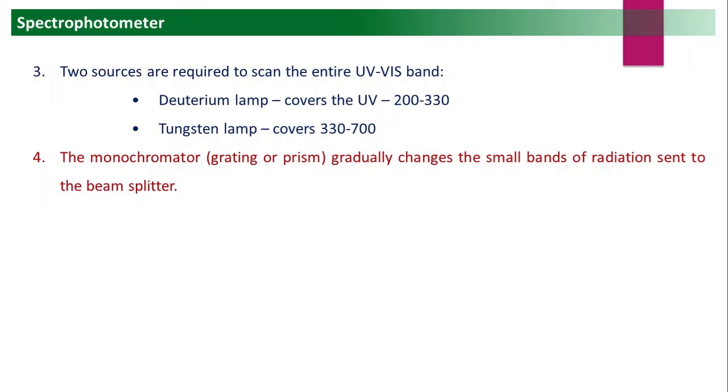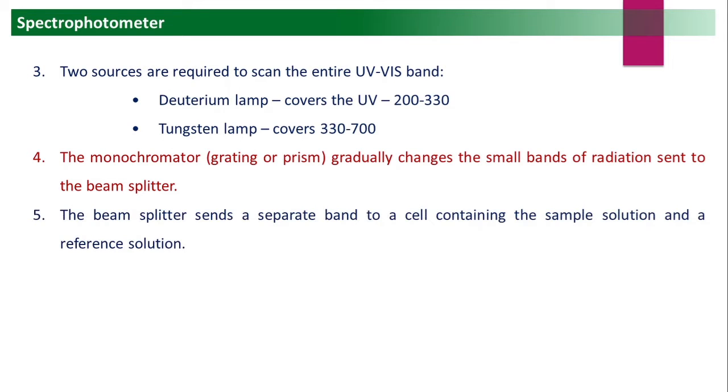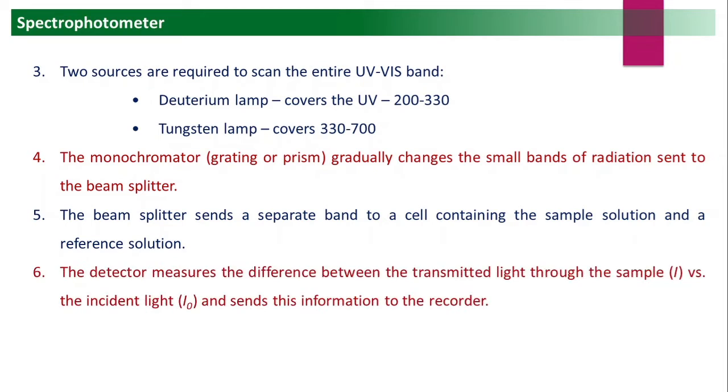The monochromator, like a grating system or prism, converts polychromatic light into monochromatic light, and that narrow beam gradually changes, sending small bands of radiation to the beam splitter. This beam splitter sends separate bands to the cell containing the sample solution and the reference solution.